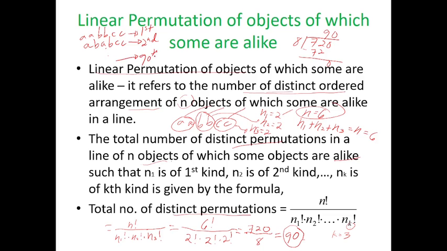The 90th arrangement maybe is like this: CCBBAA. If the first and the second A interchange, it only serves as a single count.